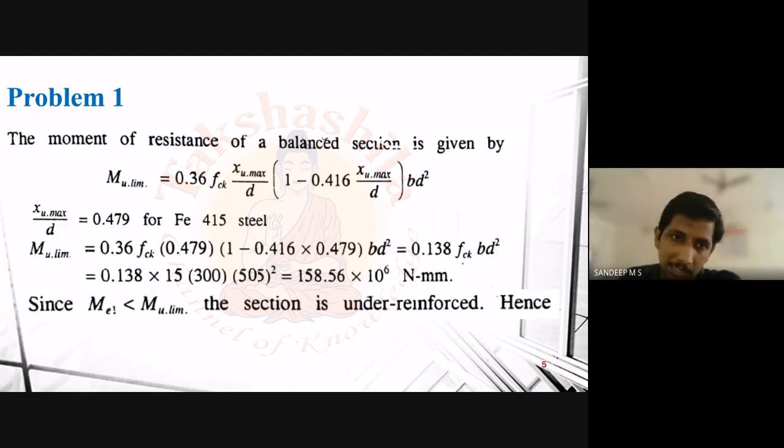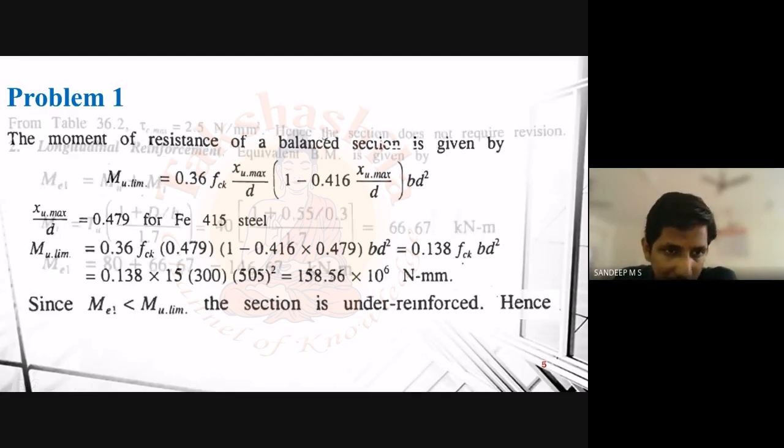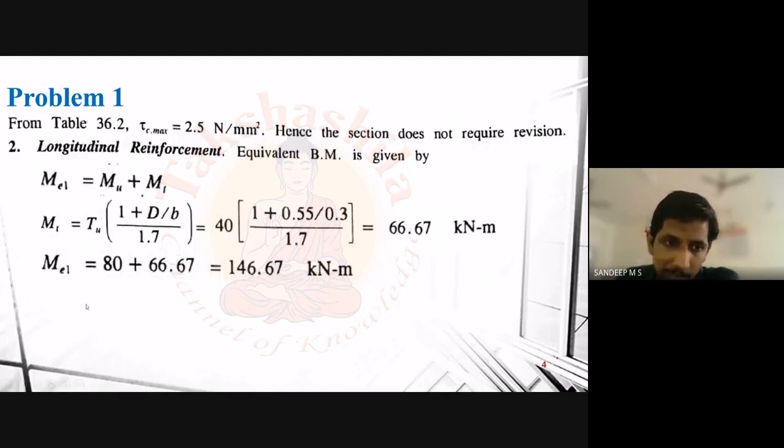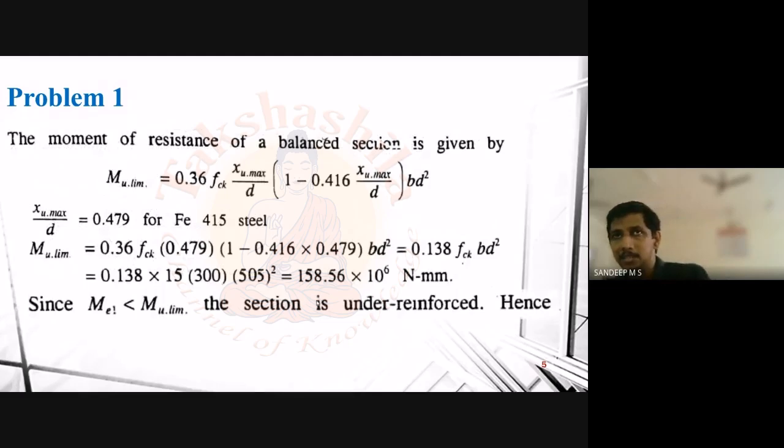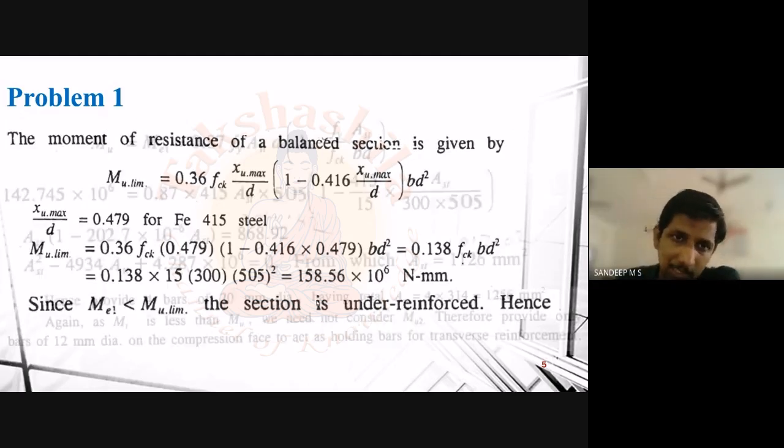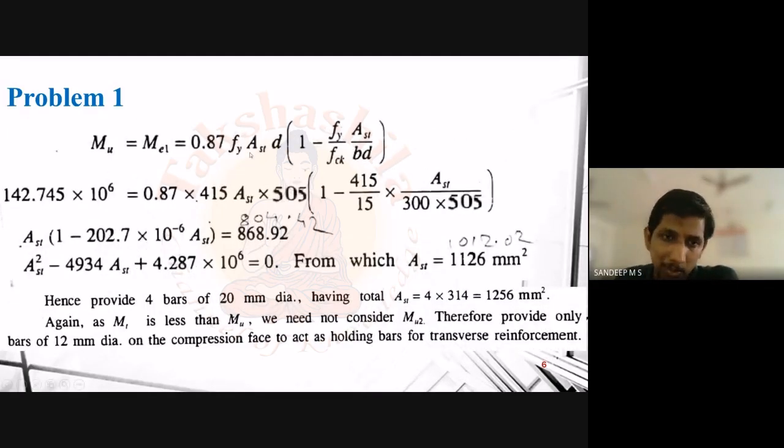In this case we have seen that the balanced section has a capacity of 158.56 kilonewton meters. But we are right now designing for a smaller moment, that is ME1, which is equal to 146.67 kilonewton meters. If you are designing the section to have a capacity lower than the capacity of a balanced section, it will automatically be an under reinforced section. That is the reason why I am sticking to this equation.